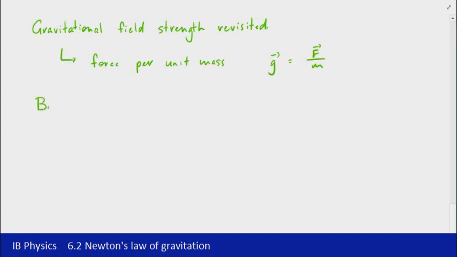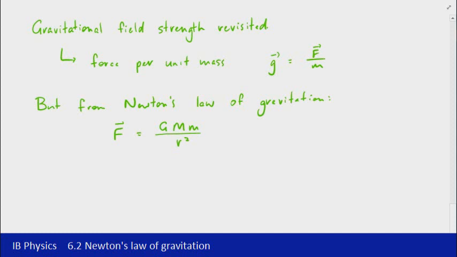But from Newton's law of gravitation, we can do something with that. In considering that law of gravitation, we know that the force that exists between two masses is given by the equation F equals G, the universal gravitational constant, multiplied by the two masses, capital M being usually considered the larger mass and lowercase m the smaller mass, divided by the square of the distance between the two masses.